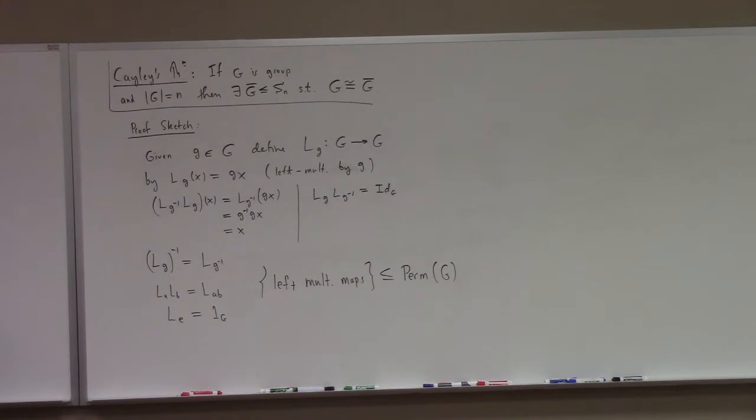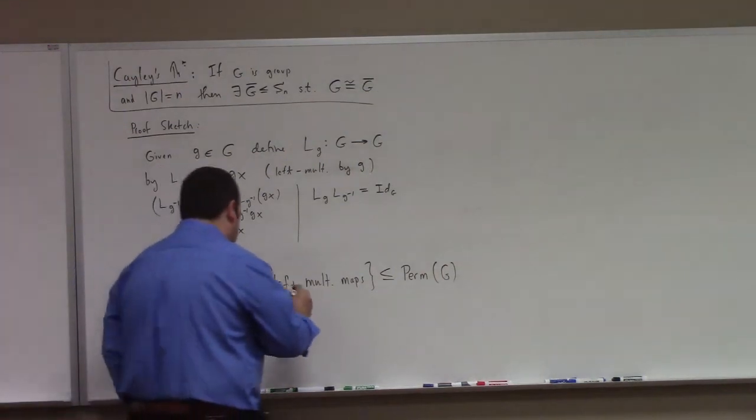But I think I've given you evidence that the set of left multiplication maps has the identity, is closed under inverse, and is closed under composition of functions, the composite of two left multiplication maps again. So this gives us that this set of left multiplication maps is a subgroup of the permutations of G. It's a set of bijections, mappings from G to G. And so by the subgroup test, this is a group, and it's not too hard to prove that the left multiplication maps are isomorphic.